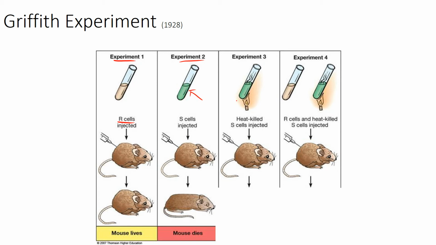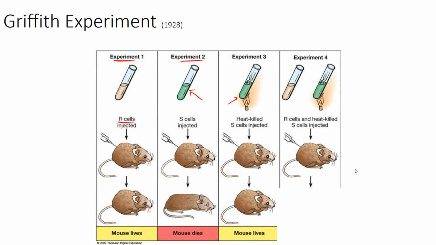We can kill them by just heating them up. When you heat them up, the cells of the bacteria break apart and they die. We know this to be a viable method to kill bacteria. Once it's cooled down, we inject it into the mice. What's our prediction? They live. We killed all the bacteria.